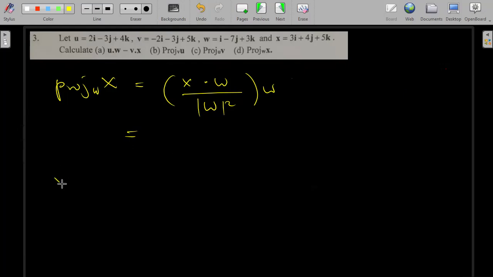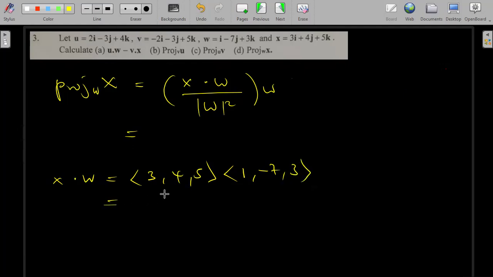So I get the dot product of x and w. My x is 3, 4, 5, w is 1, -7, and 3.